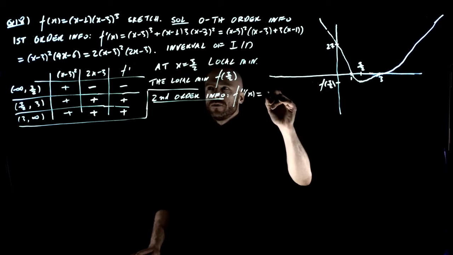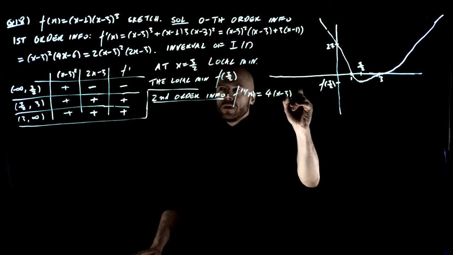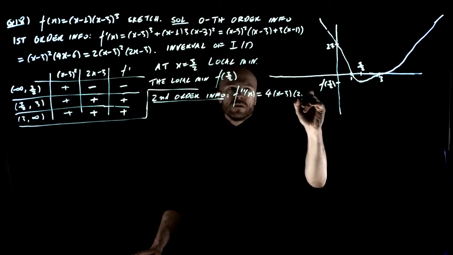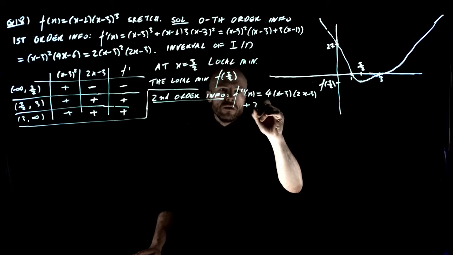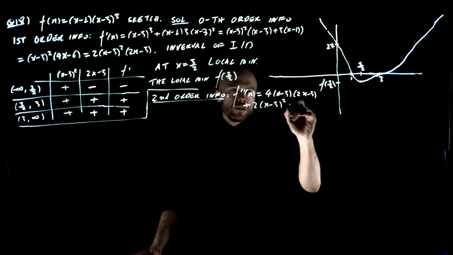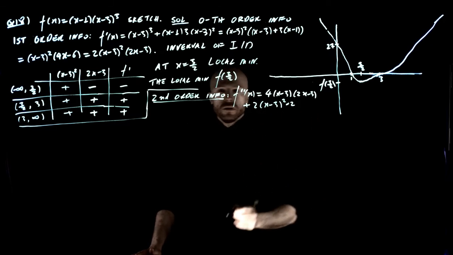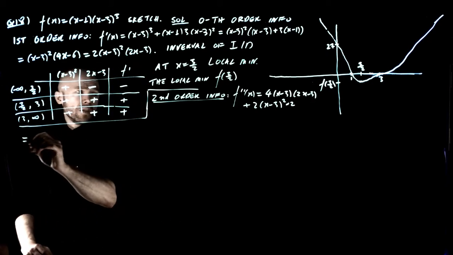We differentiate the first guy, leave the second guy alone. We're going to have 4x minus 3, and then 2x minus 3. And now leave the first guy alone, 2x minus 3 squared, and then differentiate the second guy. We just get another 2, so times 2. Let's clean that up. Put it over here.